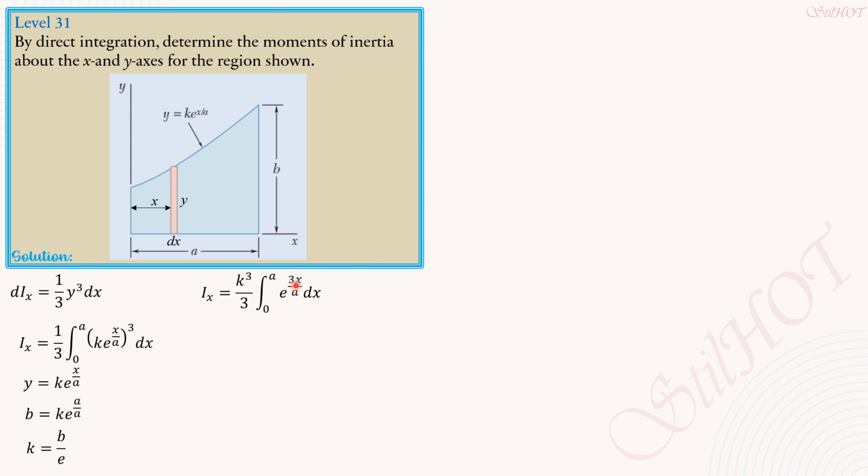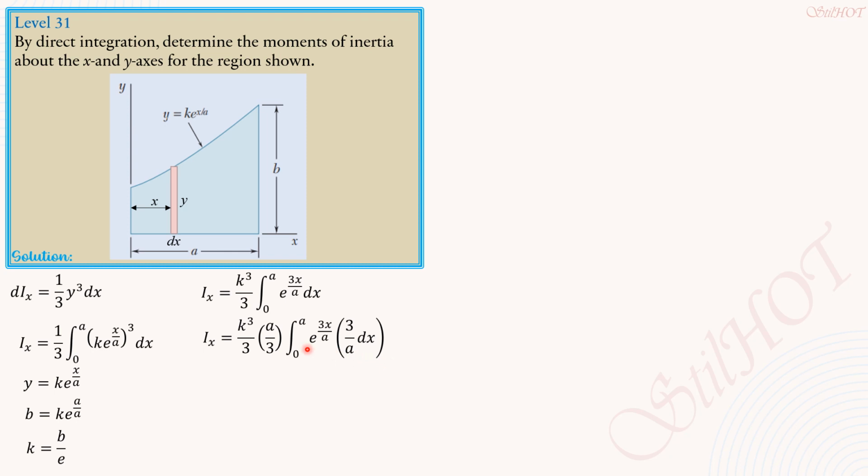If you let u be 3x over a, the differential is 3 over a dx, and the reciprocal is a over 3. So Ix is k cubed over 3 times a over 3, integral from 0 to a of e^(3x/a) times 3 over a dx.